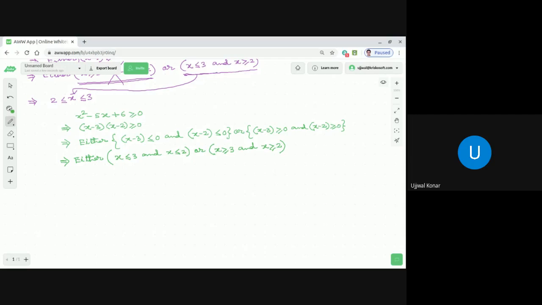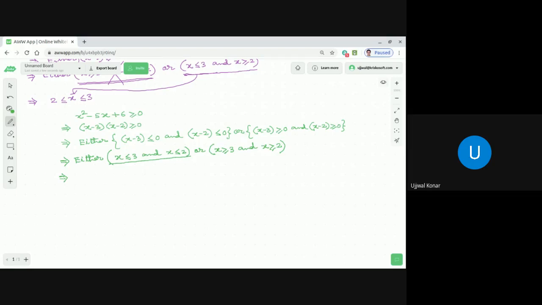Great. Now, let's take a little deep dive into the statement. We are seeing that x is less than equal to 3 and x is less than equal to 2. What is the meaning of this statement? That means we have a number x which is less than equal to 3 and less than equal to 2. That means obviously it is less than equal to 2.